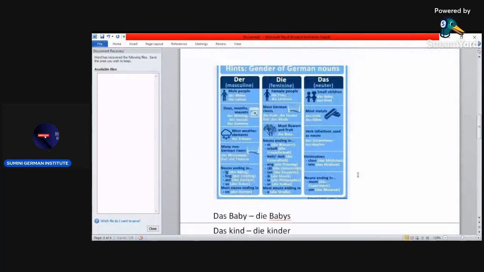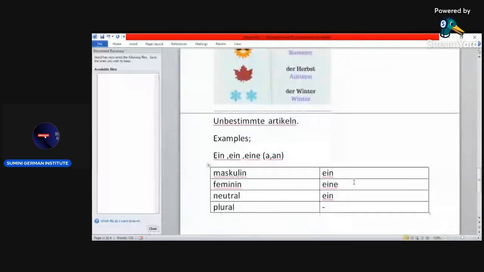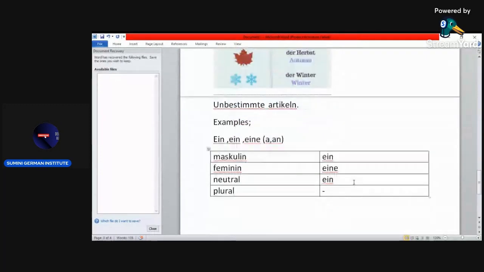Yeah. So the next one is unbestimmte Artikel. So unbestimmte articles are the indefinite articles. That is a and an in English. But in German, the a and an, they're represented by ein and eine. Okay?